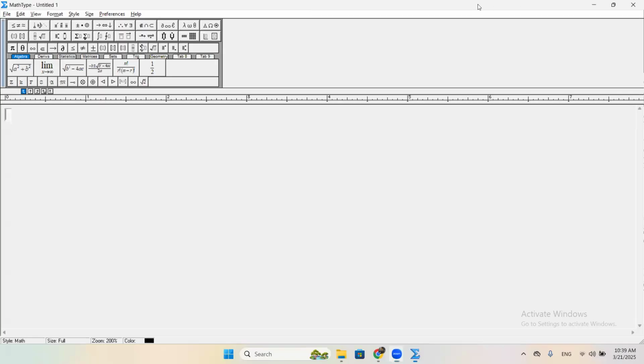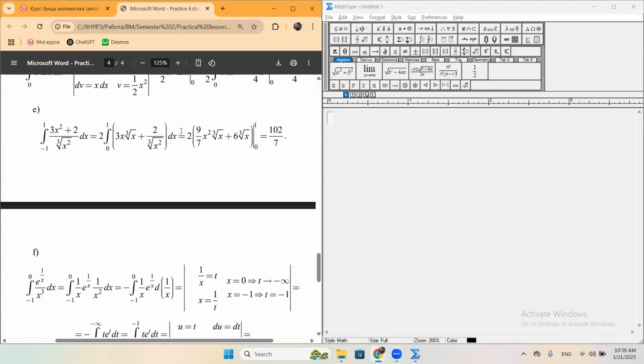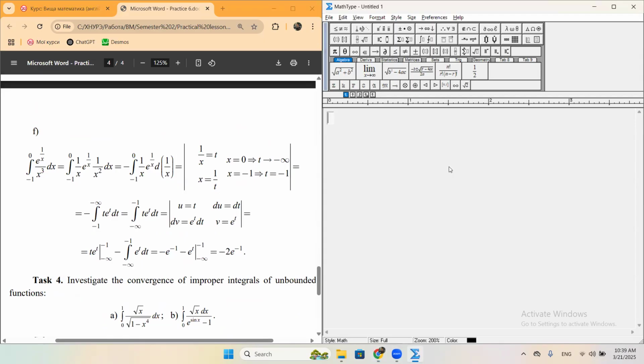Okay, let's continue. The following exercise: analogically, we need to investigate the convergence of improper integrals of unbounded functions. So in 4a, what do we do?